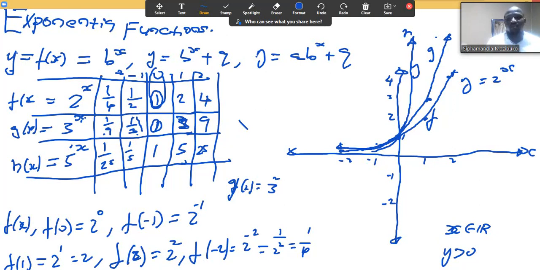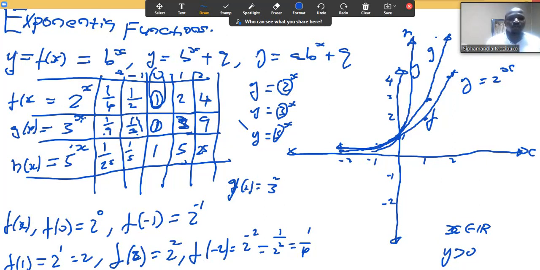As we increase b, and this is our b, if you have y is equal to 2 to the power x, our 2 is b. If you have y is equal to 3 to the power x, our 3 is b. If you have y equal to 5 to the power x, our 5 is b. So you see what happens to the graph if b increases: the graph is becoming closer and closer.